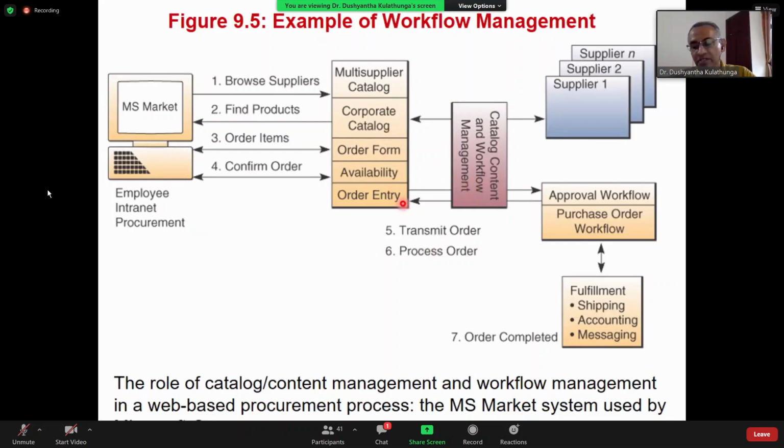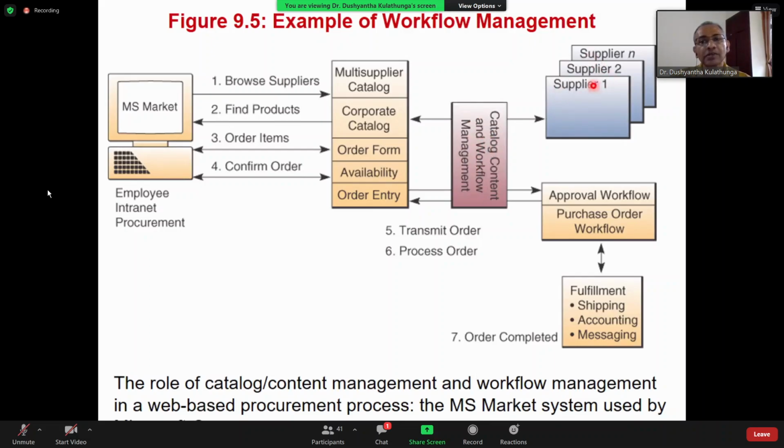Yeah, as I highlighted earlier, when you access some content, it can be product related information or whatever it is, the information is displayed with the help of this catalog and content management software. So when an employee browses suppliers, the supplier details are displayed to the employee with the support of this software.